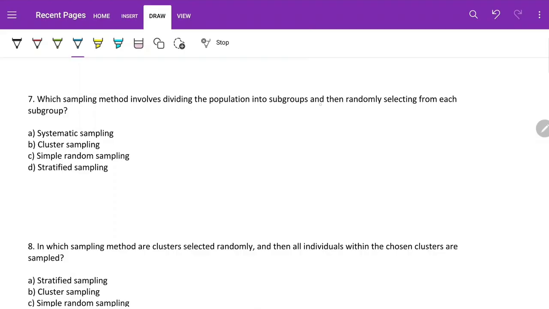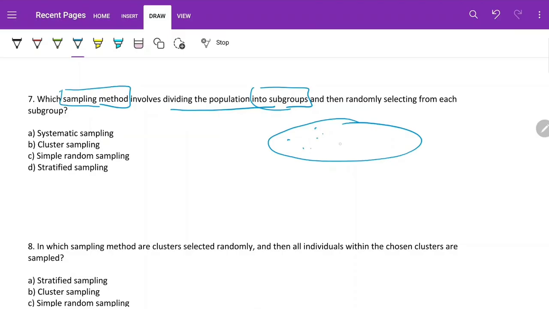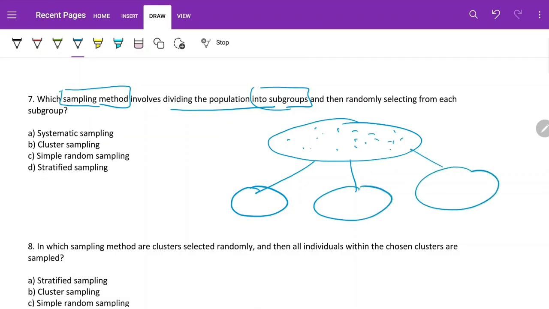Now, which sampling method involves dividing the population into subgroups and then randomly selecting from each subgroup? When we have a heterogeneous population, we divide this population into subgroups and we choose the samples from those subgroups to represent our population well.